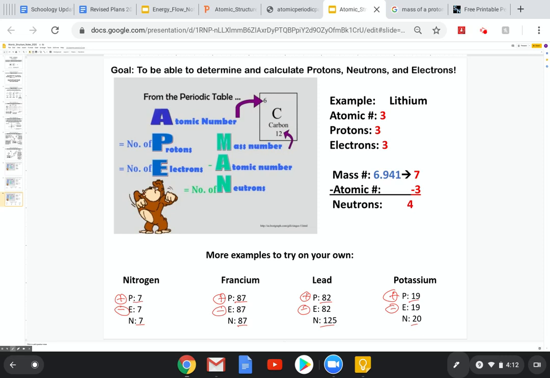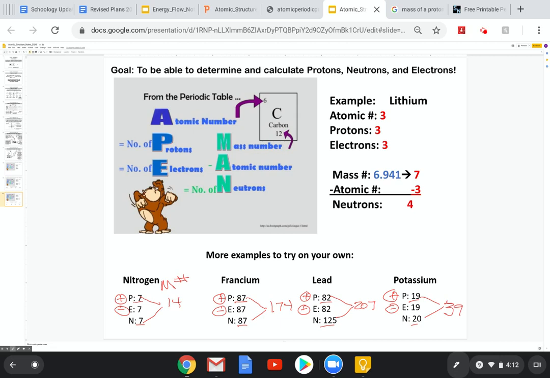With this information, we can also find the mass number. If we're looking for the mass number, we just have to add our protons and our neutrons. So we'd get 14 again, or 87 plus 87 is going to be 174. 82 plus 125 is going to be 207. 19 plus 20 is going to be 39.